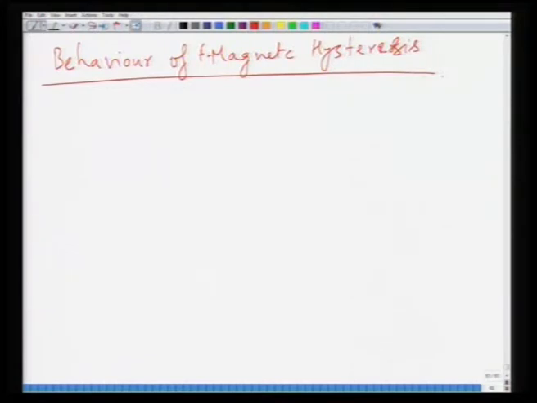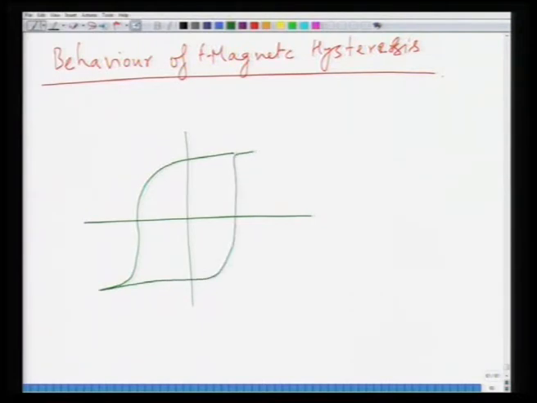Now, we have said that you have ferromagnetic materials like this, and this is how it looks. So, you have plus Mr and this is your M, minus Mr, plus Hc and minus Hc, and this should be a straight line actually. And this is called the saturation magnetization.